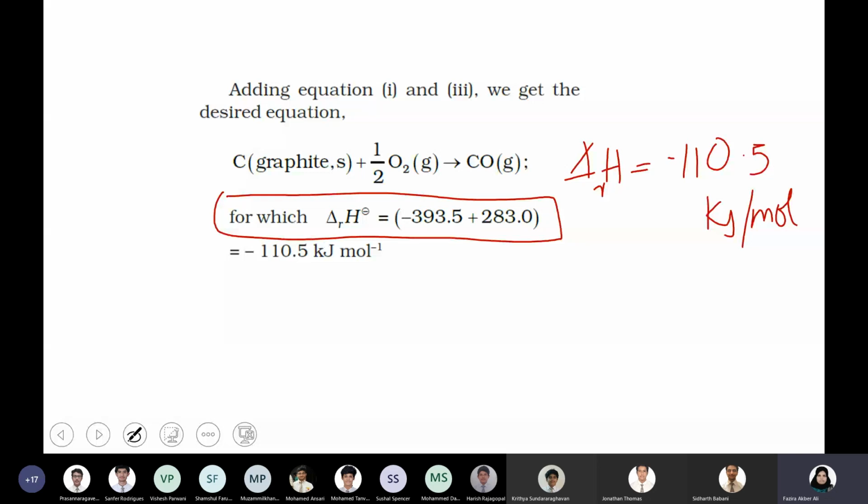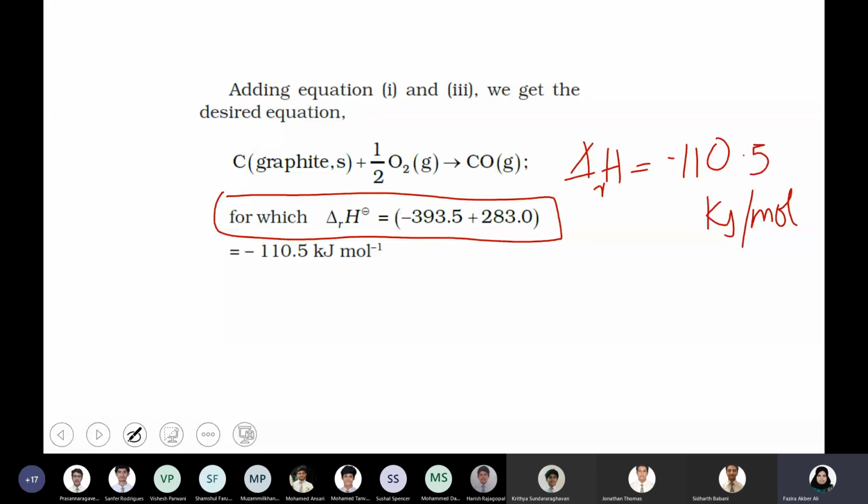So C plus half O2 will become CO. Ma'am, why will the half O2 get cancelled? Because the same thing which comes on either side of the arrow will get cancelled, right? Like, the numbers coming on both sides of the equal sign will get cancelled, right? Yes, ma'am. The same way.